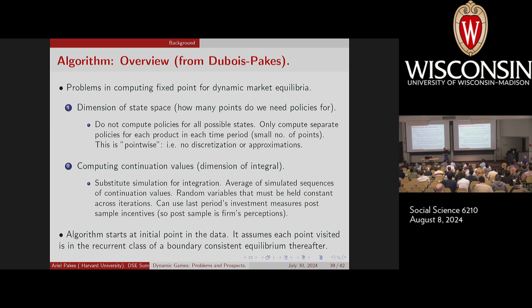And I'm not going to compute the integral, and this goes back to what you were asking about, Pamela. What I'm going to do is I have a policy function at this iteration. For this iteration, I'm going to simulate sample paths for the whole industry. I'm going to do that 1,000 times or 100 times, and I'm going to average.